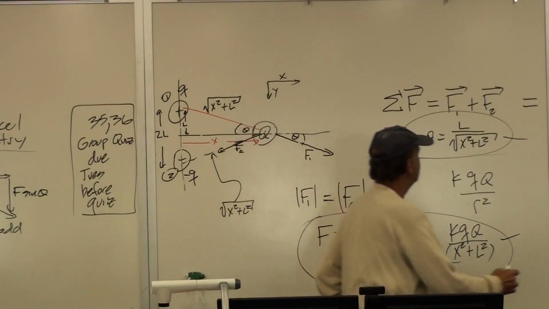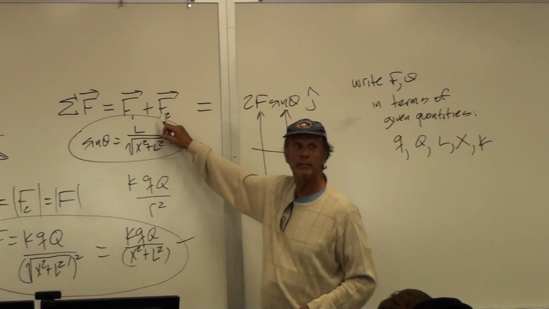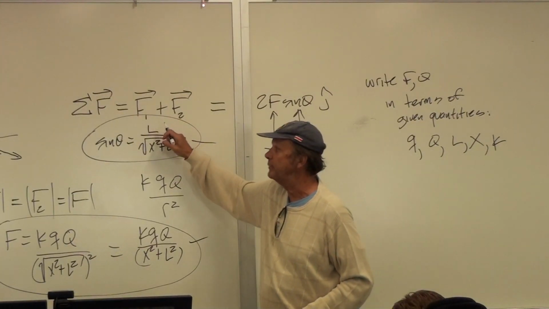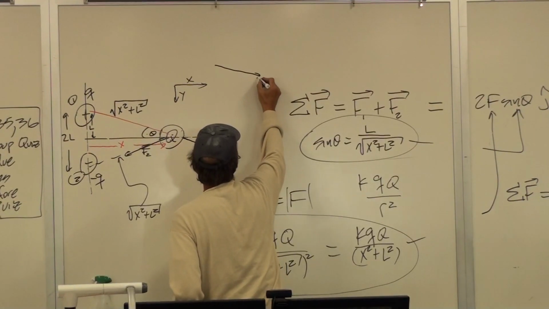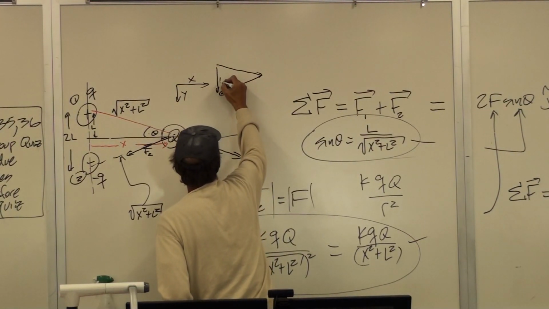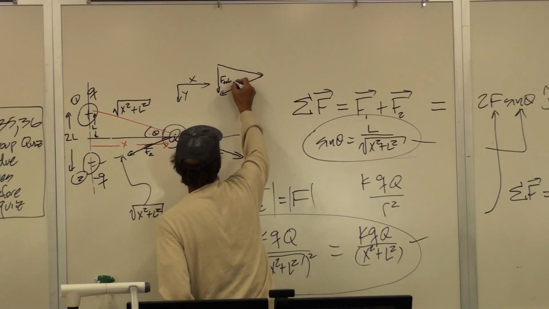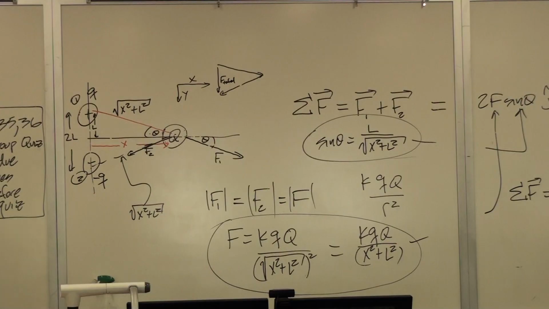So when we plug in, we get the sum of the forces. And remember, this is a vector sum, head to tail addition type of thing. If I were to add these two together like that, then this would be the resultant. That should be F total, which would be in the down direction or the positive y direction.